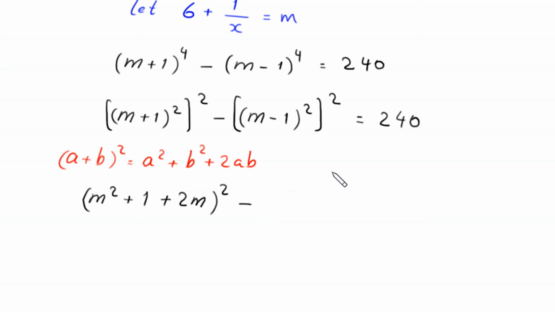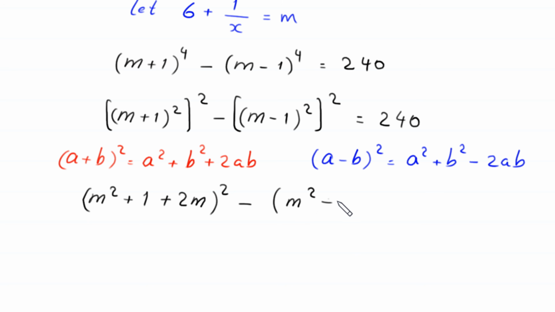Minus, by using this algebraic identity, (a - b)^2 is equal to a^2 + b^2 - 2ab, this (m - 1)^2 will become (m^2 + 1 - 2m)^2, this power 2 will come here, is equal to 240.